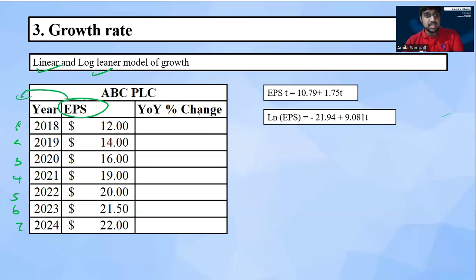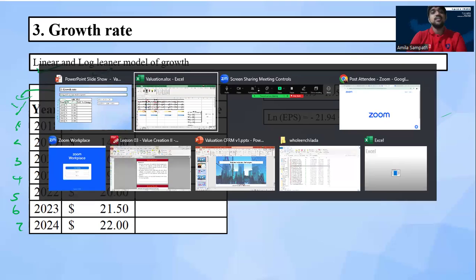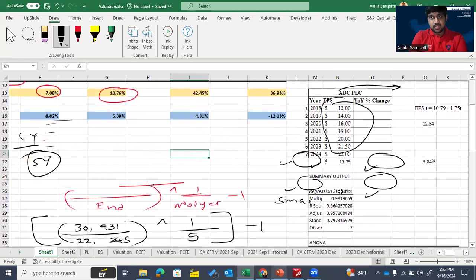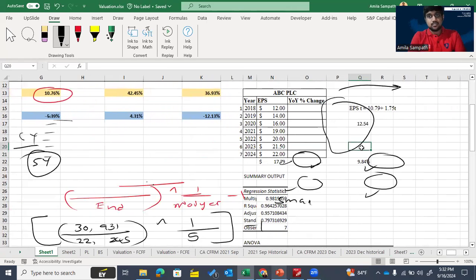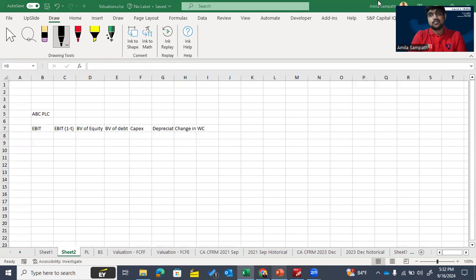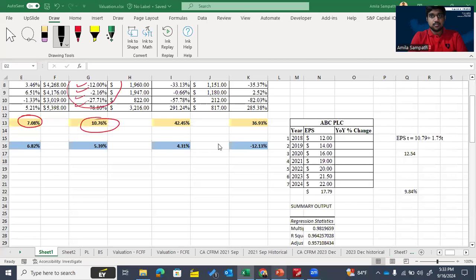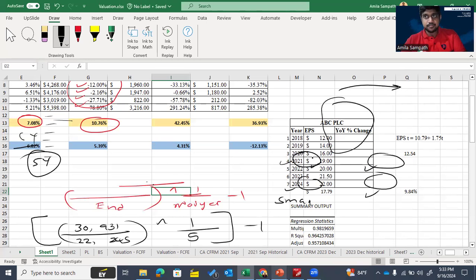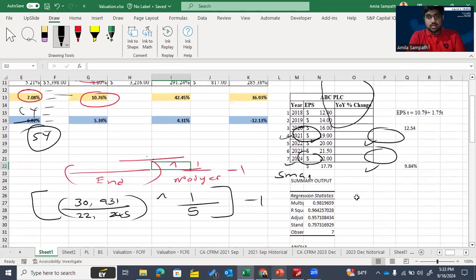Then we can run the regression model using this data. Here we identify the year as the y-axis, and earnings per share we consider as x.